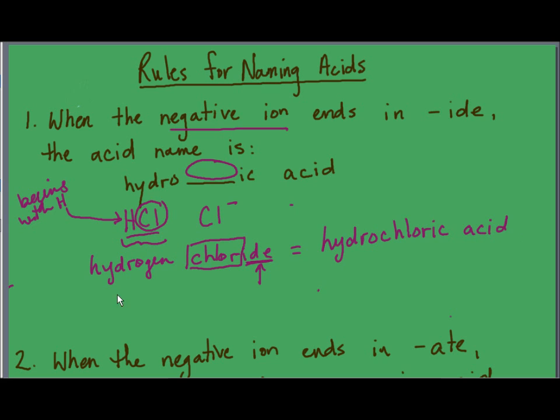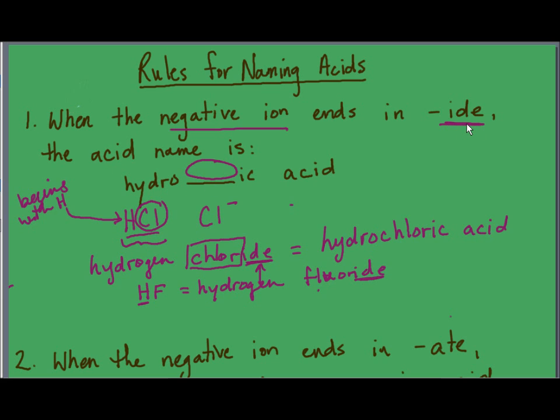Okay, we can look at another example, HF. Right off the bat, we know it's an acid because it begins with hydrogen. The regular name for this is hydrogen fluoride. Right away we see that the negative ion ends in IDE, so we use rule number 1.